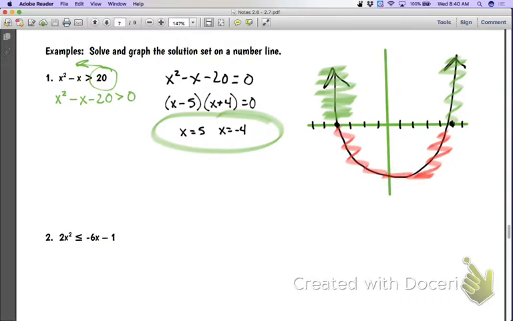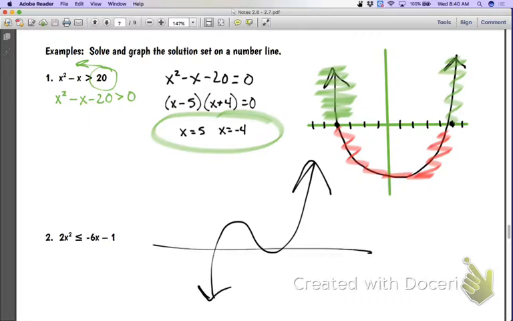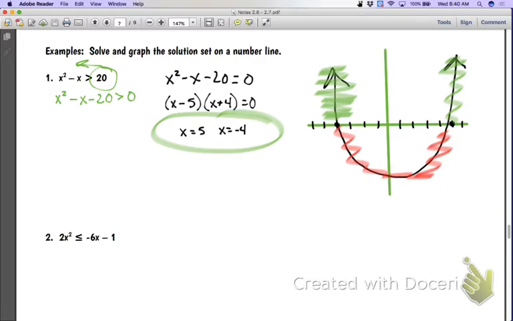Depending on the graph, if I have something like that, it can still cross here, and I can have multiple values. Does that make sense? Now, as far as what to look for, when it's above or below.